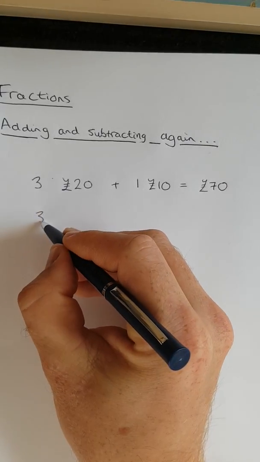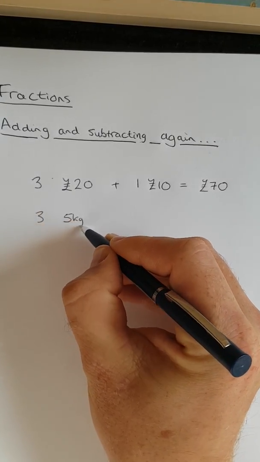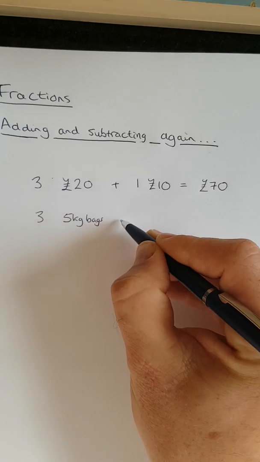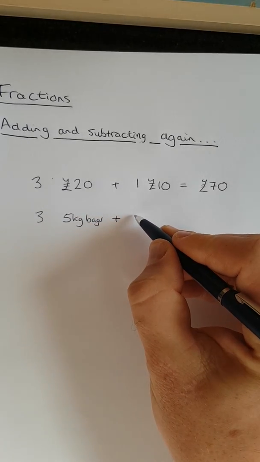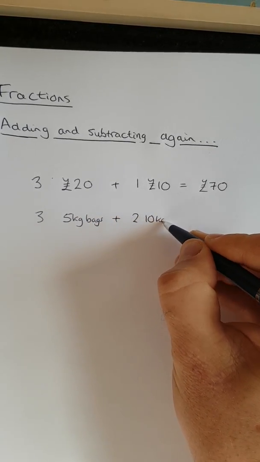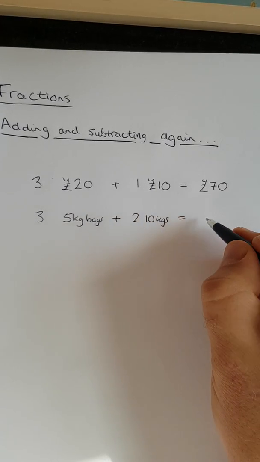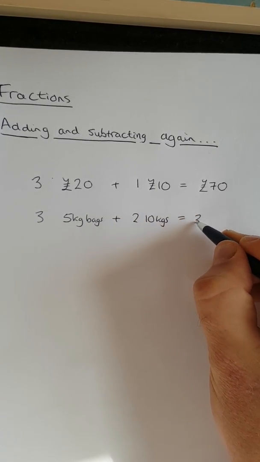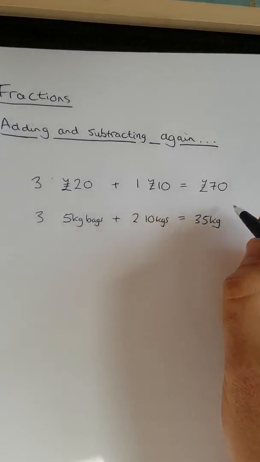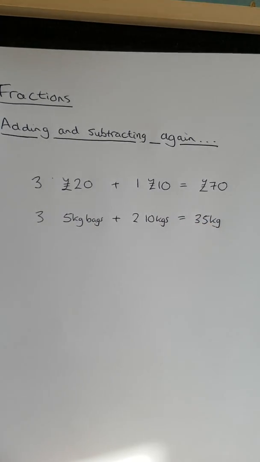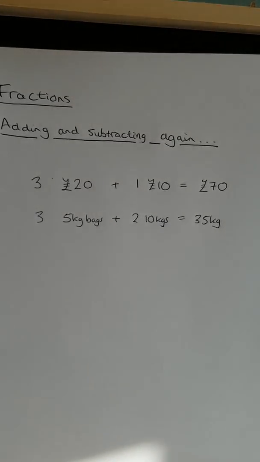If you've got 3 5-kilogram bags of something and you've got 2 10-kilogram bags of something, you can describe that as 35 kilograms. These are combinable.